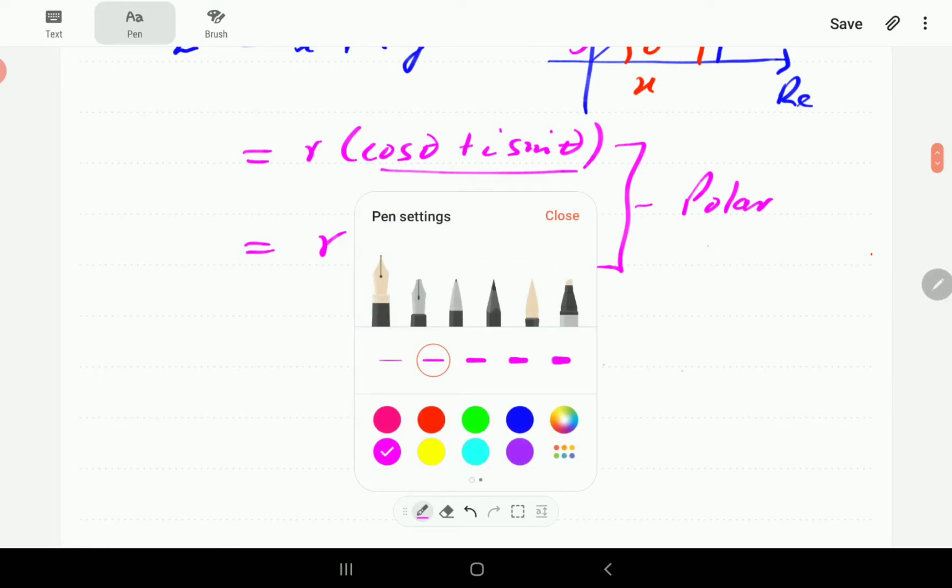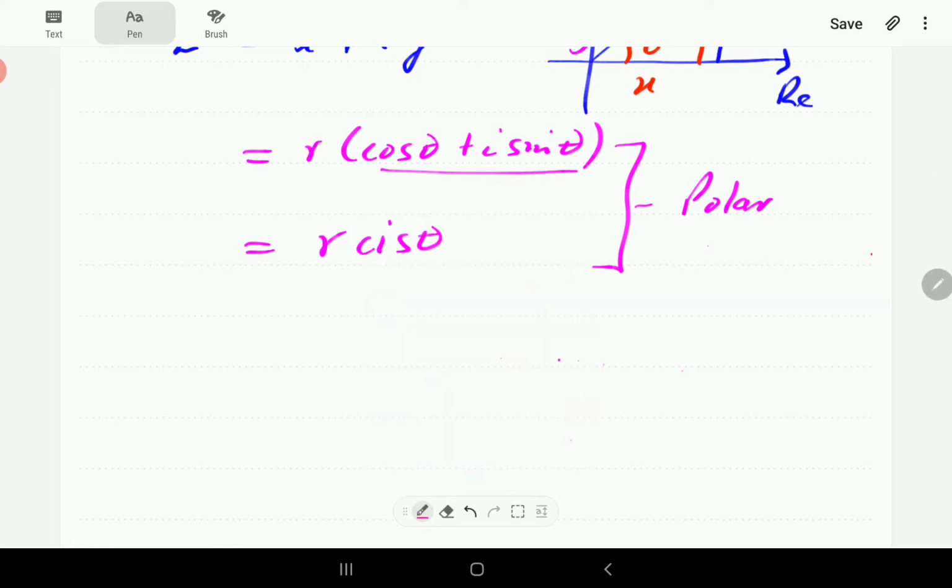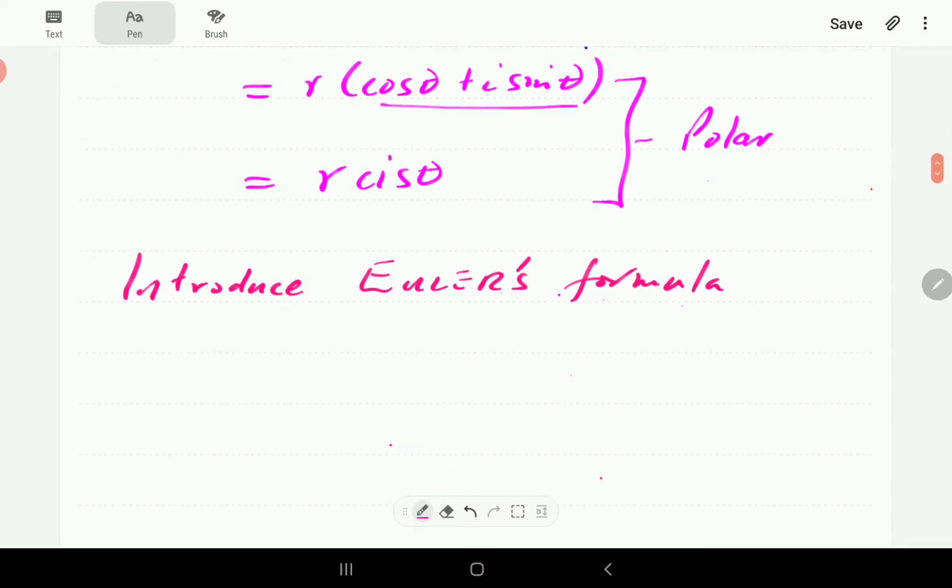What we're going to do now is introduce what is called Euler's formula. This is one of the many Euler's formulas that you will meet in advanced mathematics. Euler's formula relates the exponential function with trigonometric functions.